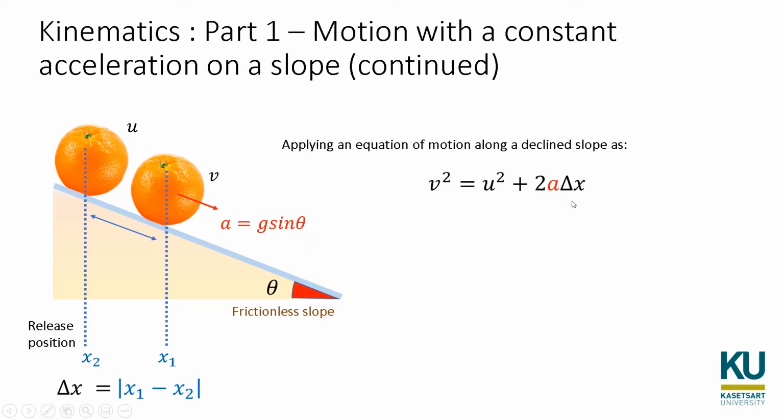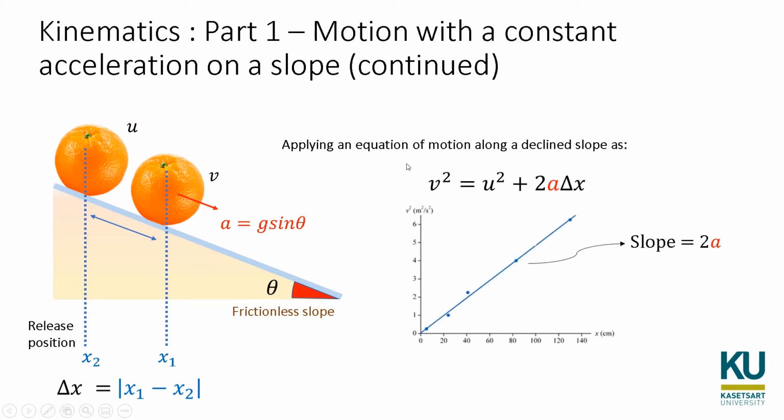The parameter that we're going to use in this experiment is the displacement for the terminal velocity. If we acquire the position of this orange from different points, we can plot the displacement against velocity. The slope of this relation equals 2a, which can be investigated.